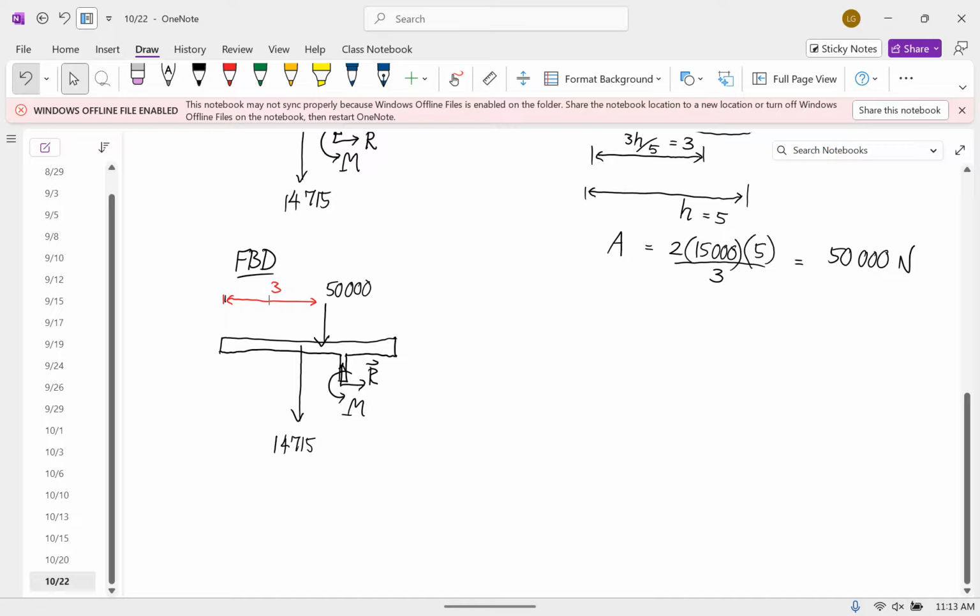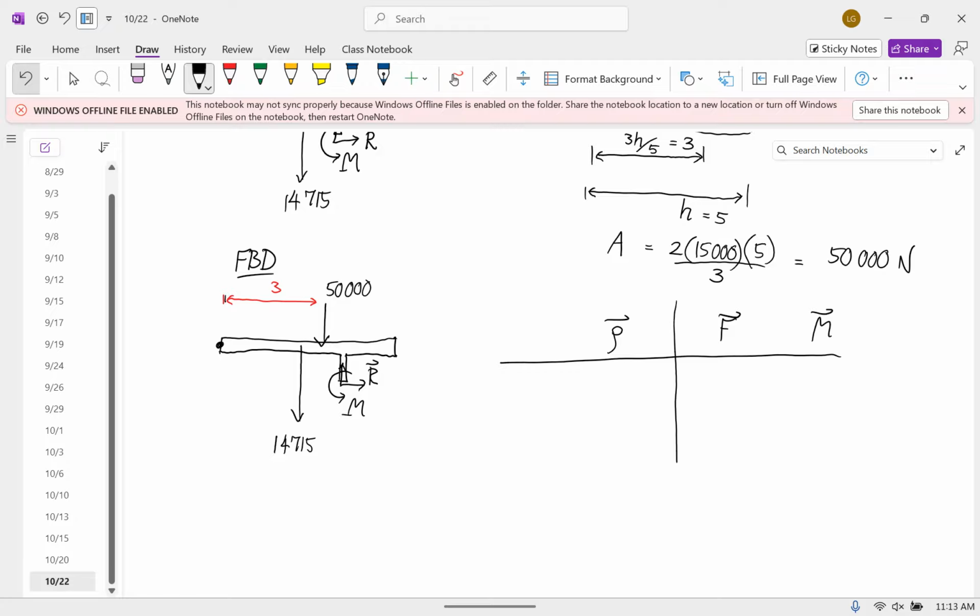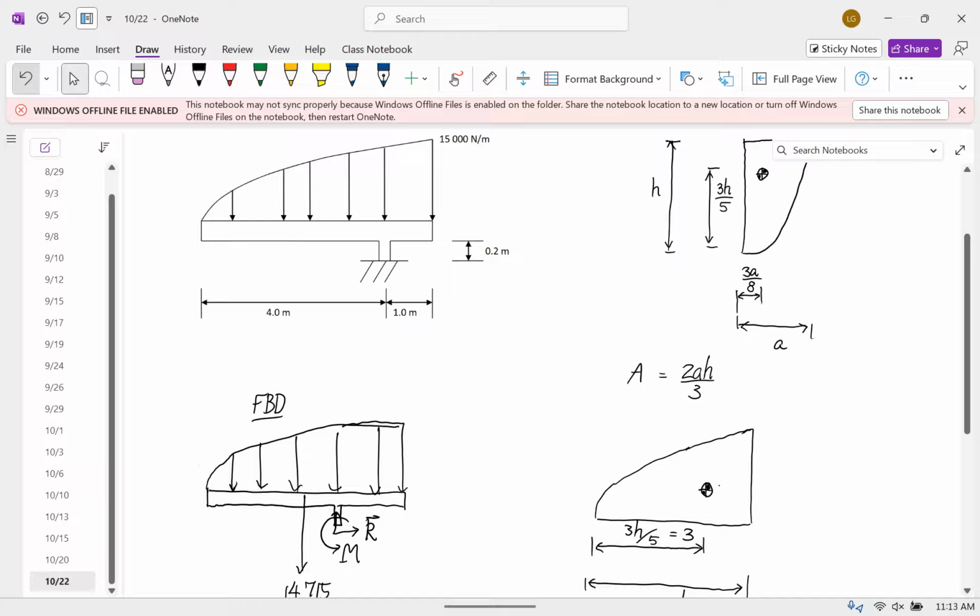So now, what am I going to choose as the about point? I guess I'm going to do it here. So rho, force, moment. I'll do the reaction force first.